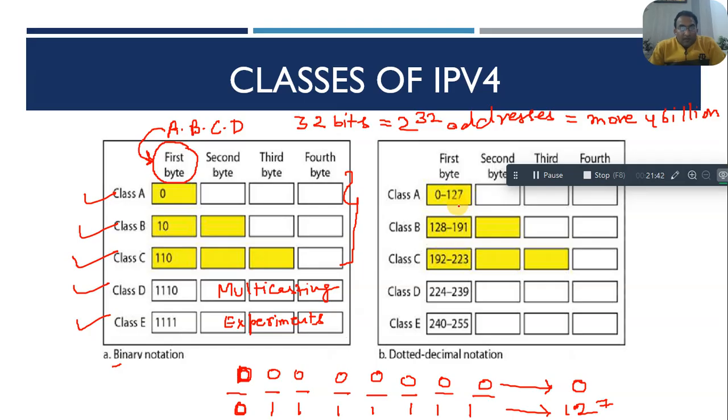Again, remember that we are just talking about the first octet, that is the value of A, not all the octets. Now for class D, the numbers will be from 224 to 239, and for class E, the numbers will be from 240 to 255.